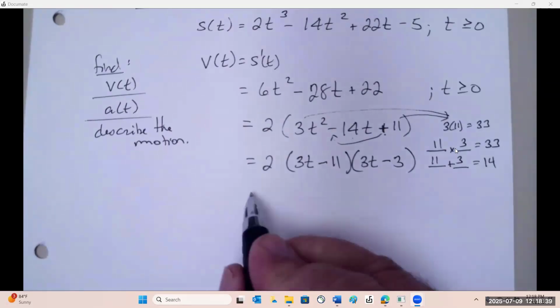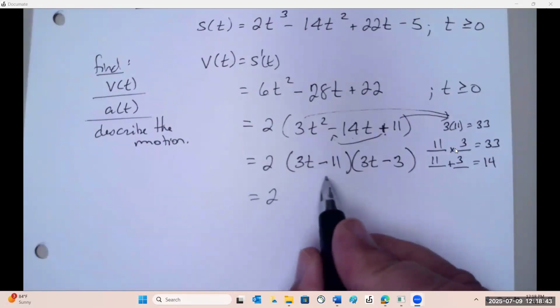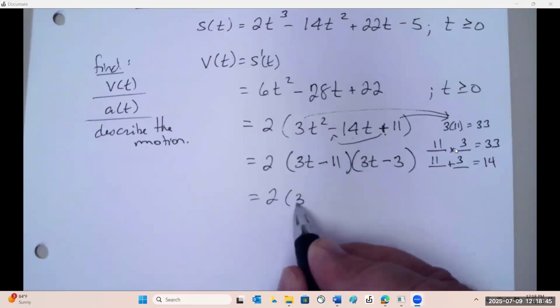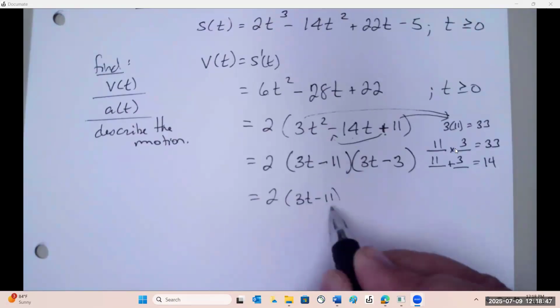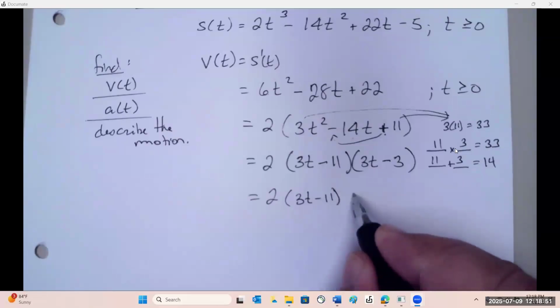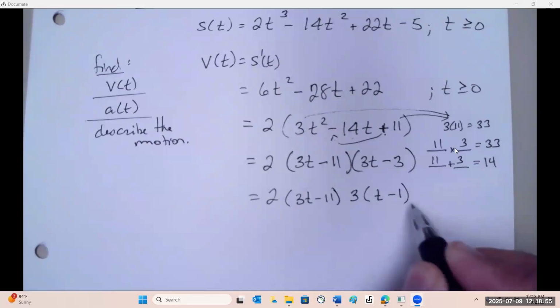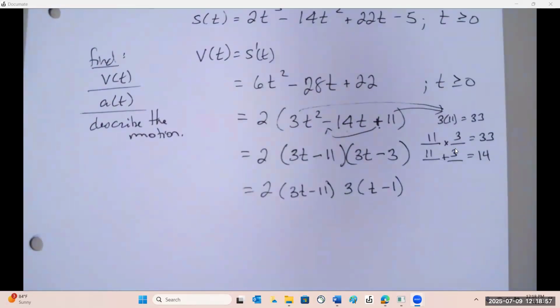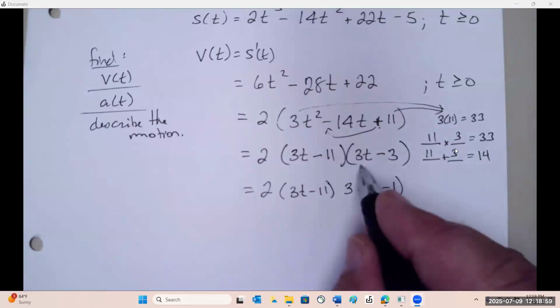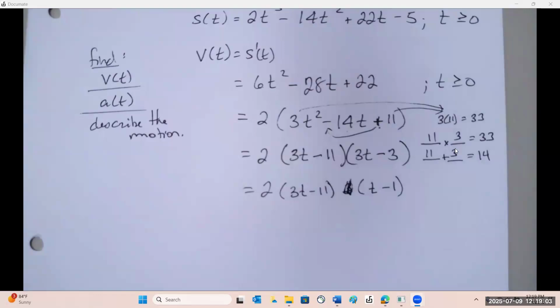Now, take these, and can I factor anything out of the first one? No. Can I factor anything out of the second one? A 3, which leaves me t minus 1. Whatever I factor out of the second stage, I remove, delete it.